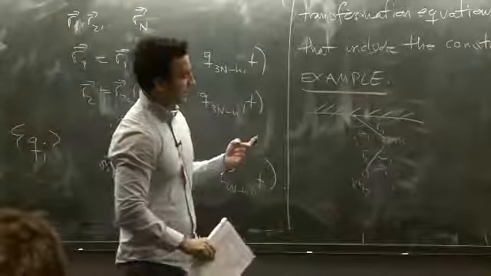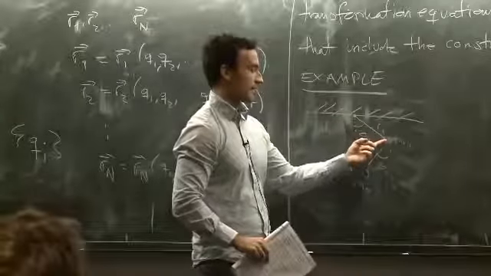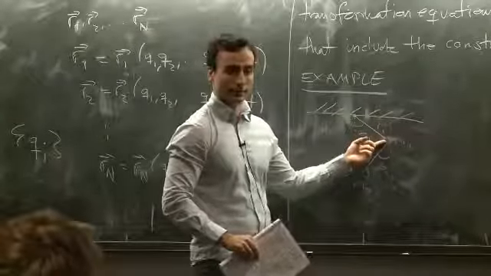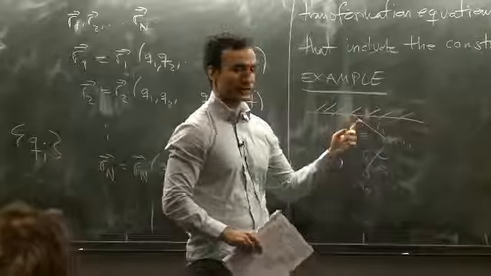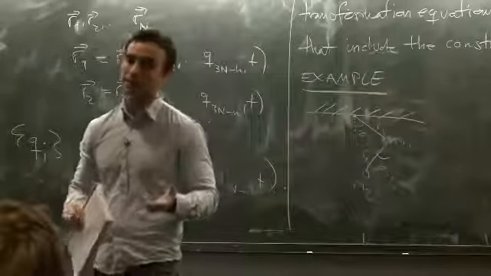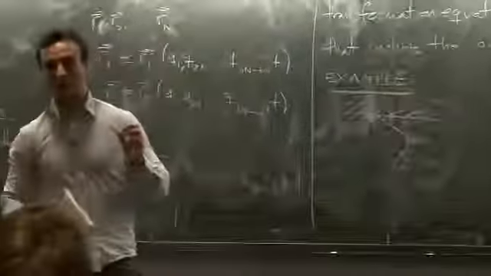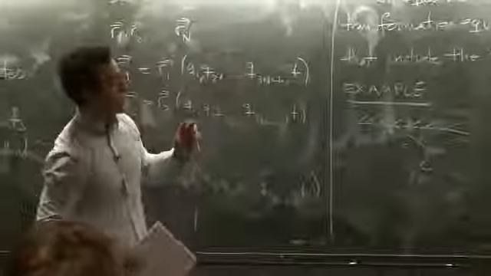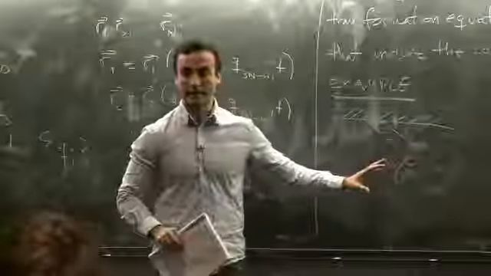However, as we fix the distance here by saying that this ball is connected to the ceiling by a bar, which cannot be deformed, we're removing 1 degree of freedom. We are removing 1 degree of freedom for each ball.